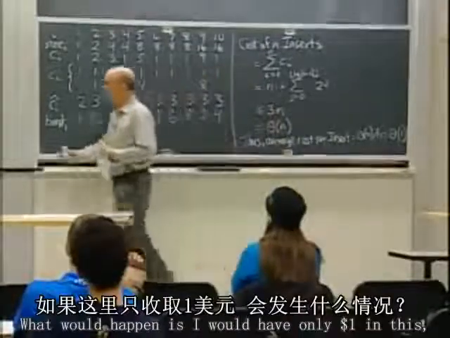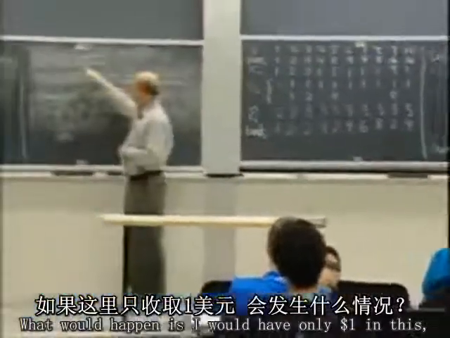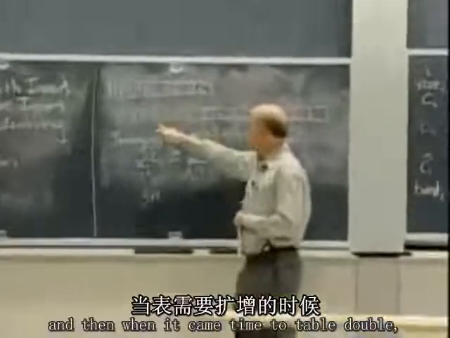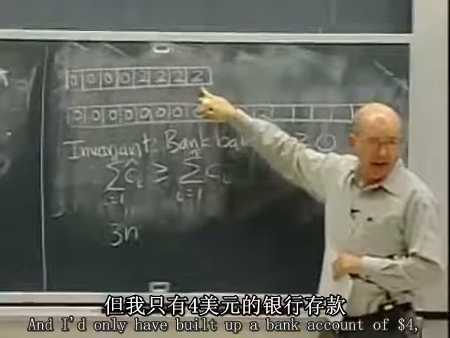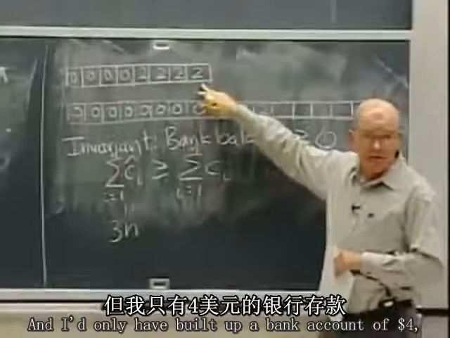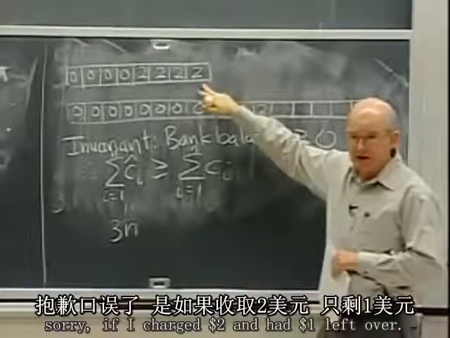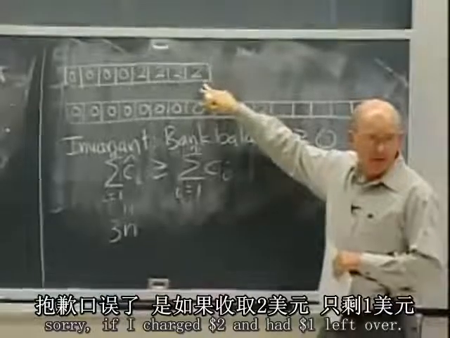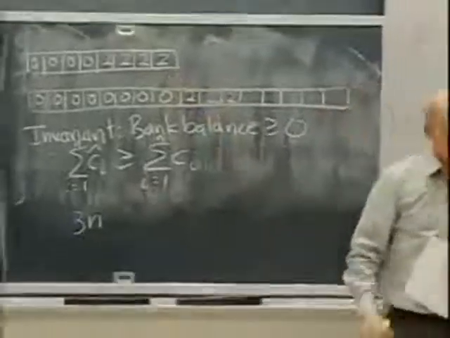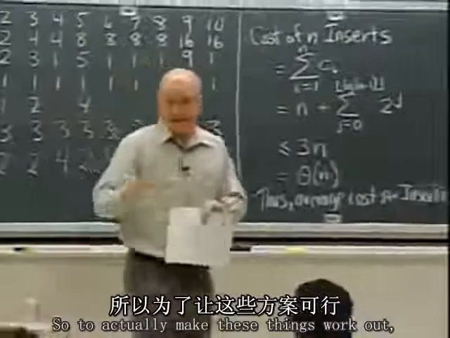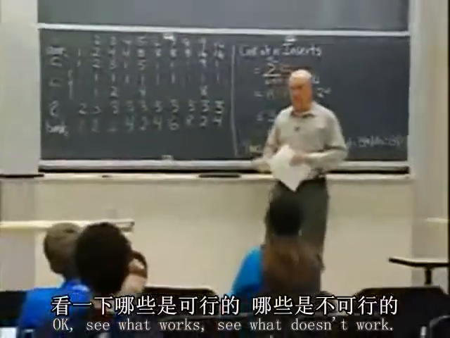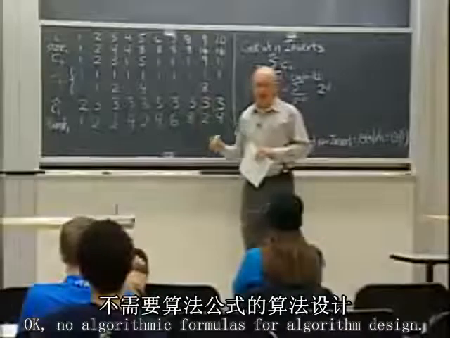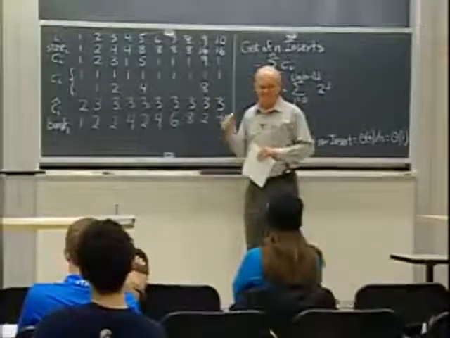What would happen is I would have only $1 in this, and then when it came time to table double, I would need to copy 8 guys, and I'd only have built up a bank account of $4 if I charged $2 and had $1 left over. So to actually make these things work out, you have to play a little bit. See what works, see what doesn't work. No algorithmic formulas for algorithm design.